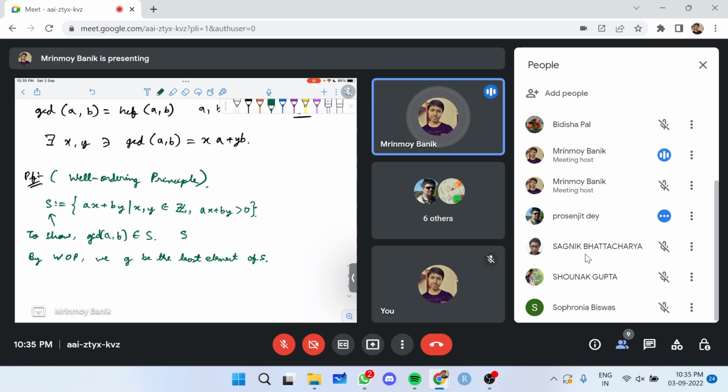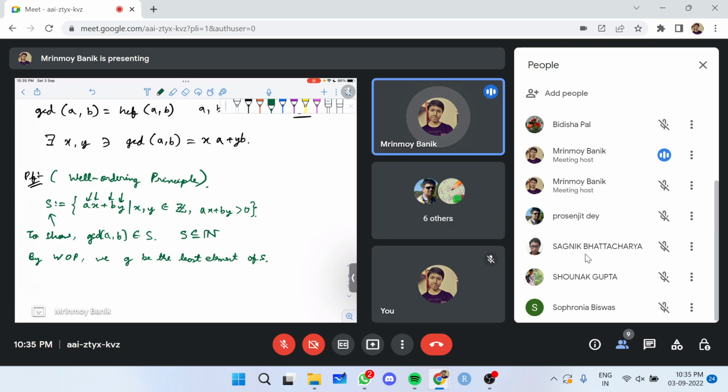When you multiply two natural numbers, you also get a natural number. So natural numbers are closed under multiplication and addition. That's why S will also be natural numbers. So S is a subset of natural numbers. That's right.